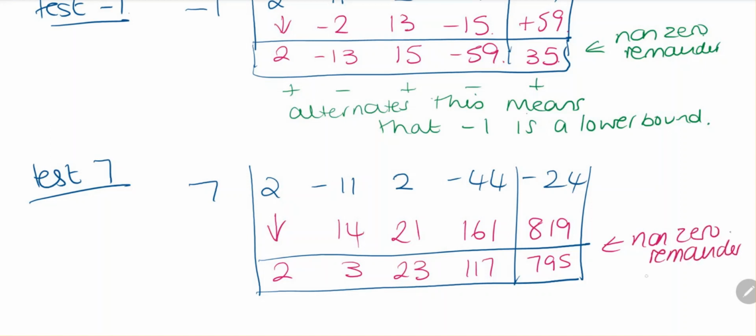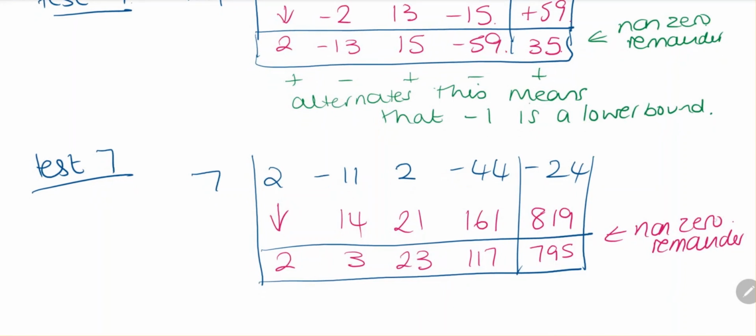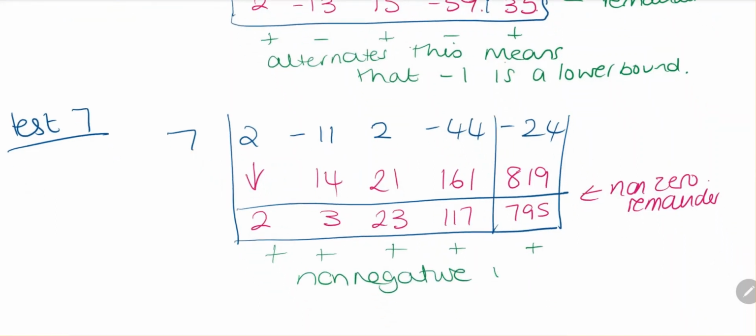So this is telling us that 7 is not a 0. So we need to check, and we can see that all our values are positive, so non-negative values. So 7 is an upper bound.